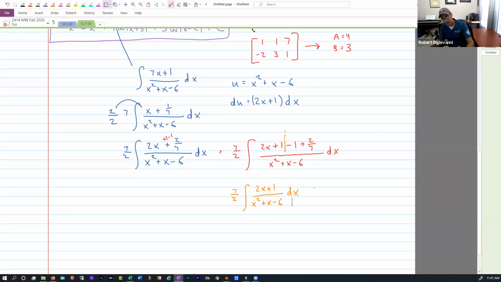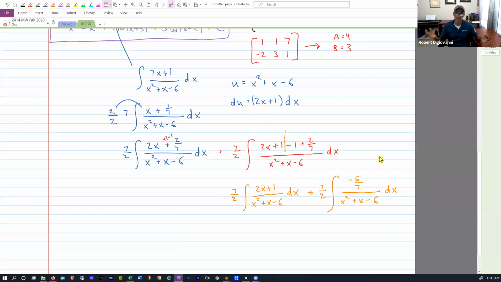But what you'd still have over here is plus 7/2 integral. You'd have to put these two together. What is that? Negative 5/7 over x squared plus x minus 6 dx. And the question would be, how do you deal with this?